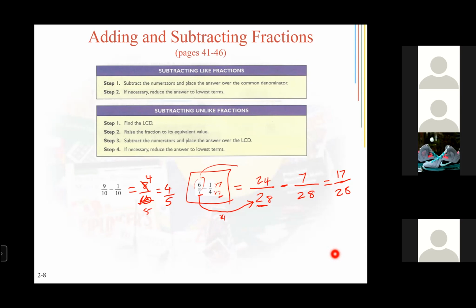I think I need to give you another one to work on. So I'm going to ask you to do 5/8 plus 2/3. Do that one. 5/8 plus 2/3. I'll give you a couple minutes and I'm going to call on you to tell me what you did.